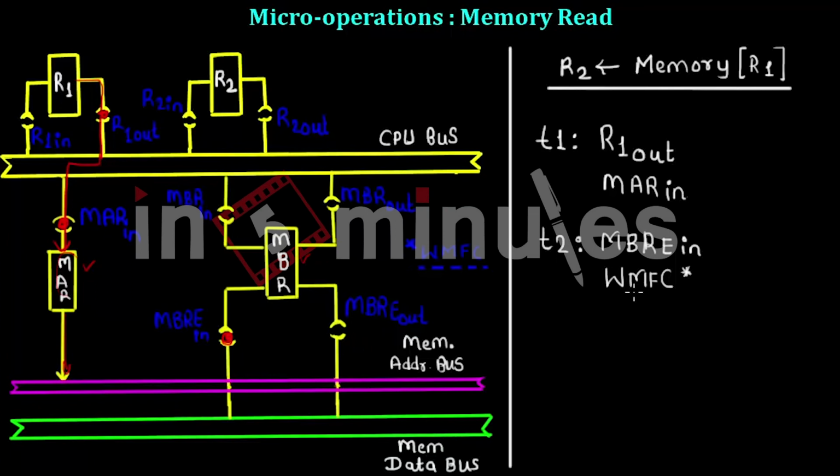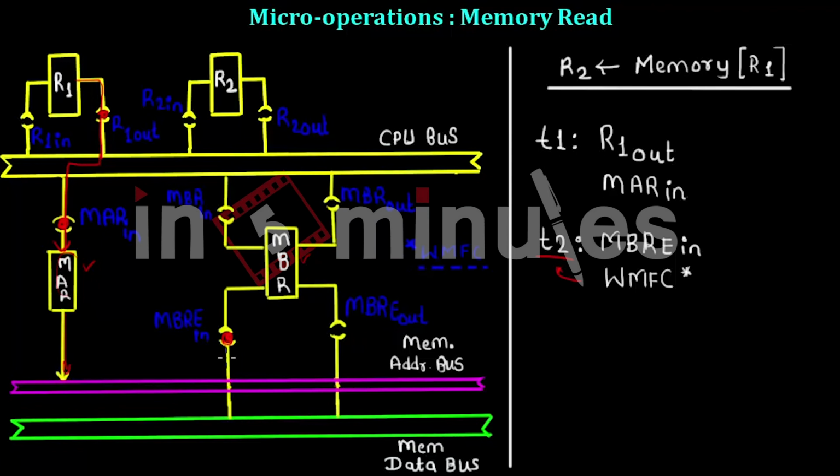So it is going to take more than one T state, or more than one processor clock cycle, to fetch the data from the memory. The WMFC signal indicates that the CPU has to wait till the data is fetched from the memory. So we are activating this signal. That means the CPU will remain in the T2 state till WMFC, or till the data is fetched from the memory.